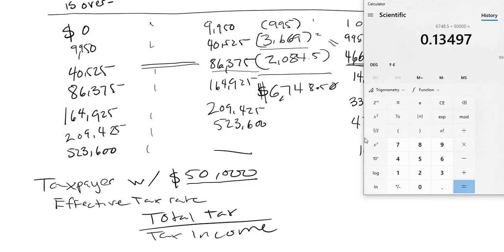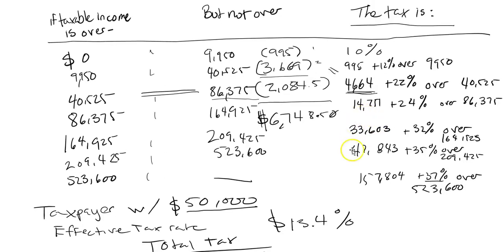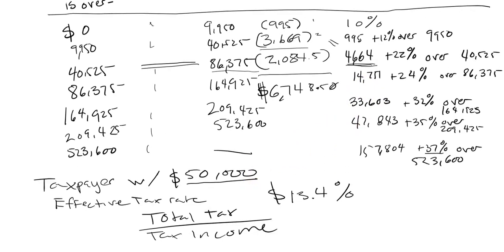All right, so then it ends up being a 13.4% effective tax rate. All right, so that's how that's done. We've talked about the tax rate schedule and effective tax rate.